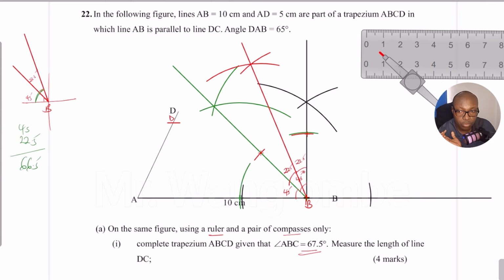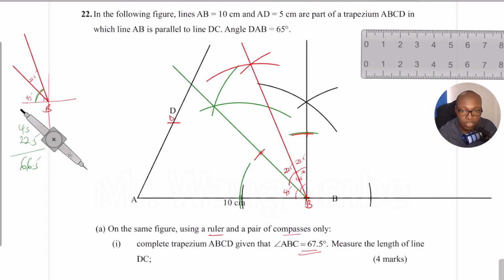For me, I will transfer this angle to D. So let me first extend line AD like that. Then I will transfer this 67.5 angle to D, and this is how you transfer that angle.